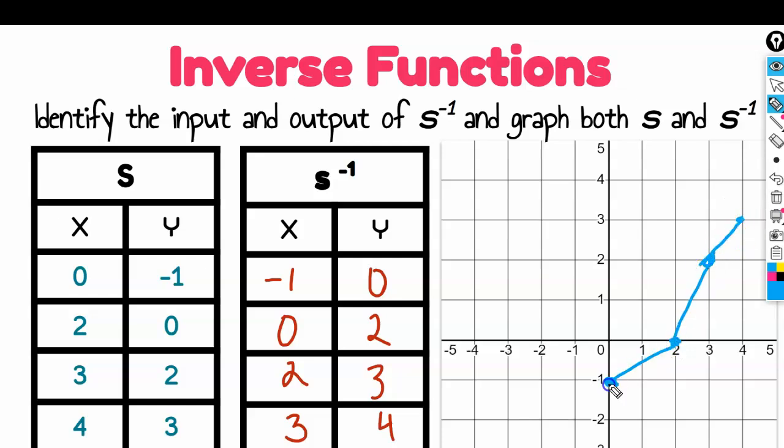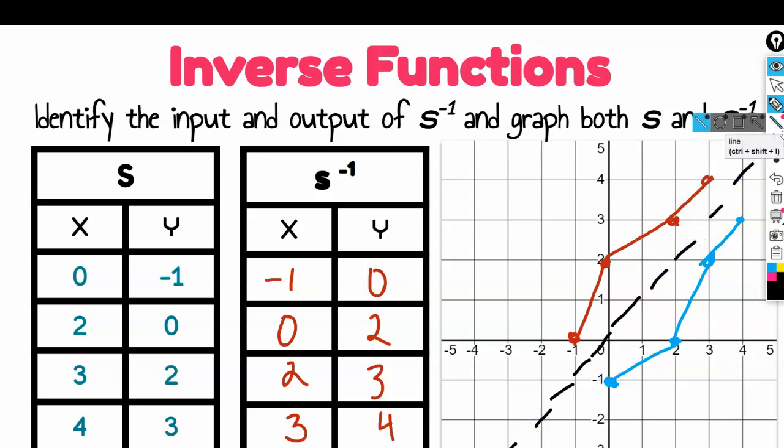So like here I have a graph, and then I'm going to graph the other points. And boom. They are inverses. So it also looks as if I had taken this graph and folded it across the diagonal. It's the same shape, just folded across the diagonal. So they are inverses.